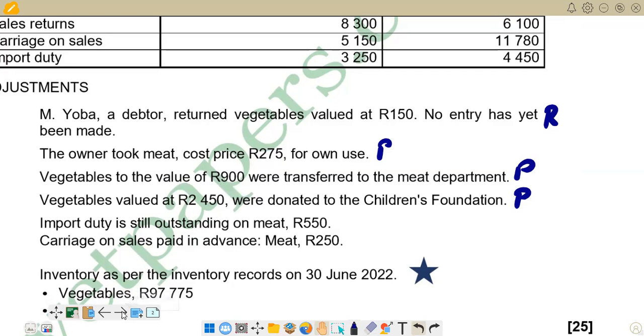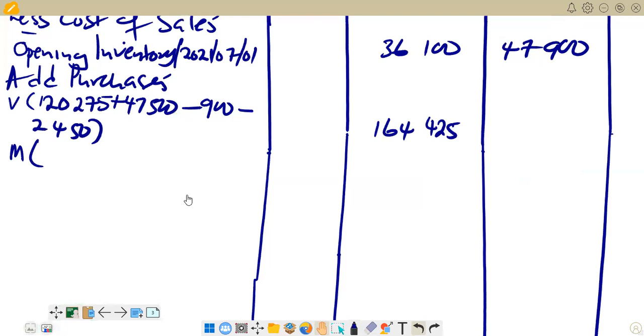So we'll go there and summarize that working again. We are saying now for the meat department, for cash purchases, we have 131,250. Then we add the credit purchases, which is 84,000. And then we subtract the 275, which was taken.